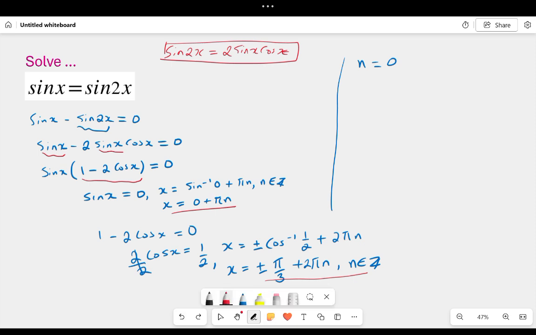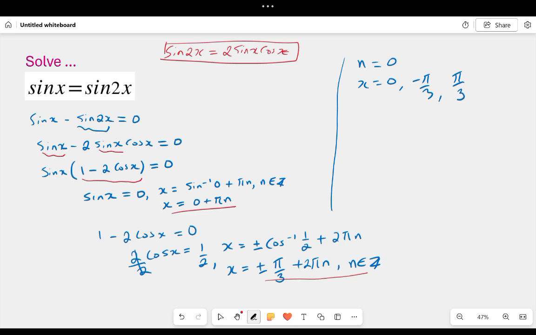When we are substituting over there, our x will be equal to 0. But when we check the solution that we got for the cosine, we are going to have negative pi over 3 and actually pi over 3.